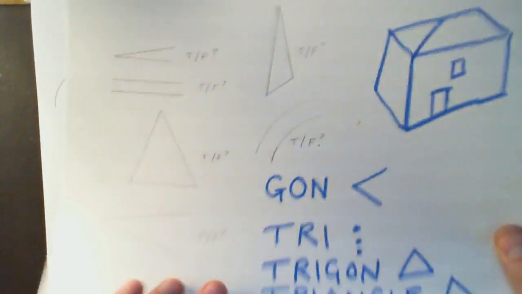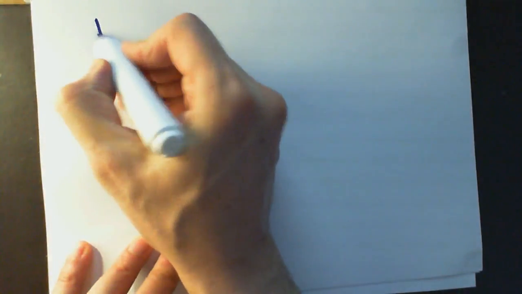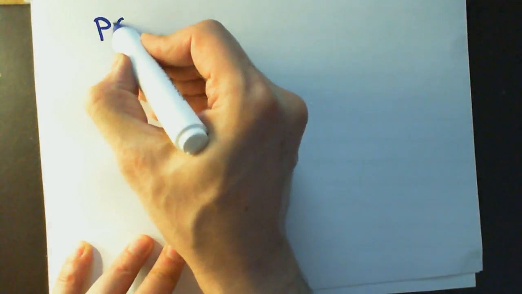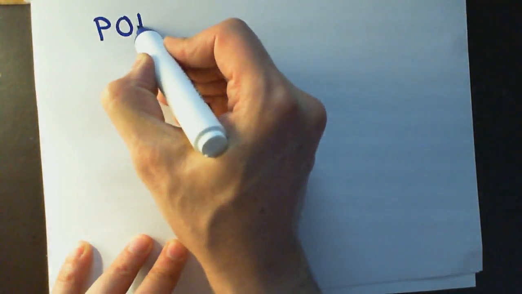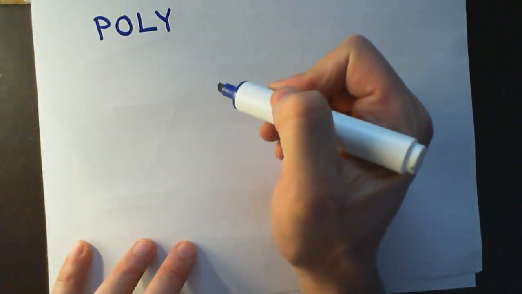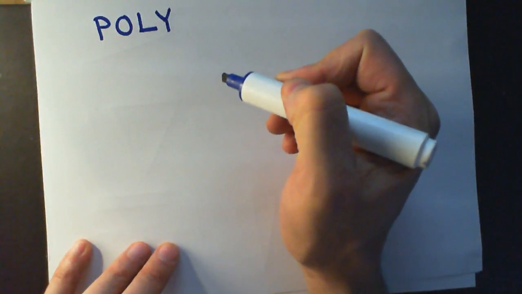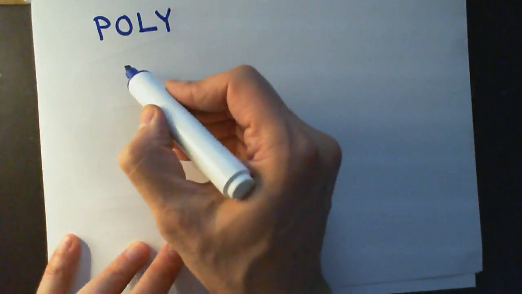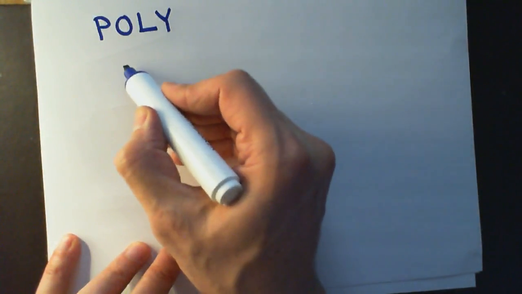The word poly, another word, is also a Greek word. Poly means lots or many. And so a shape that has lots of corners is called a polygon. Gon means angle, so here's a polygon.